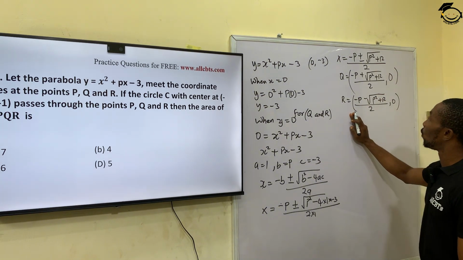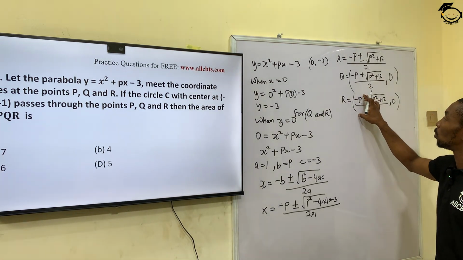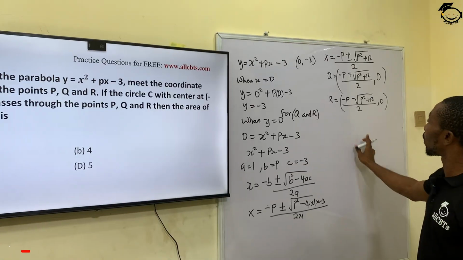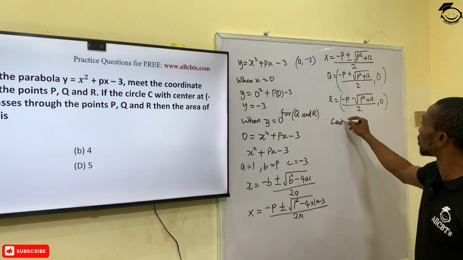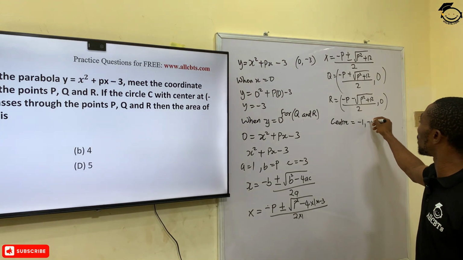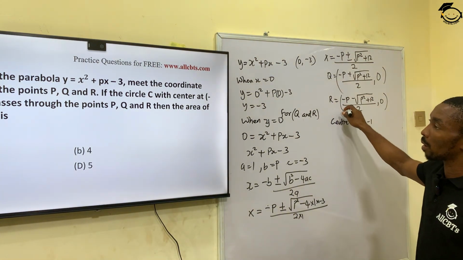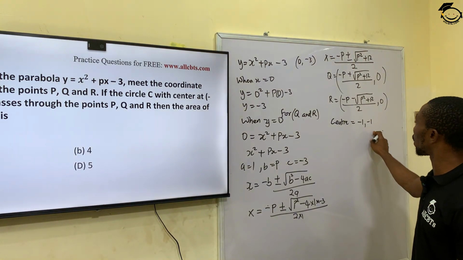So from here, we are going to find the value of P to know what our Q and R would be. So from here, knowing that our center is -1 and -1, this means that P, Q and R are all equally distant from the central point.